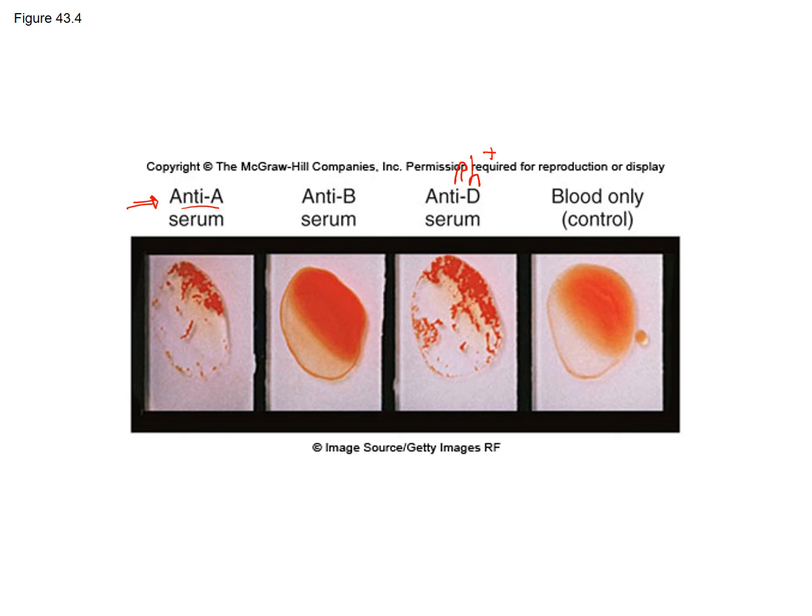So if this is one patient and you added anti-A to the first well, the clumping happened. You add anti-B to the second well, no clumping happened, and you add anti-D and agglutination or clumping happened. So what will this blood type be in this image?